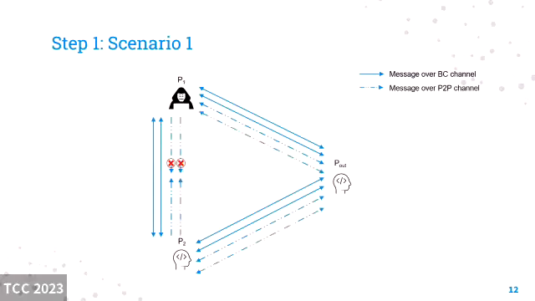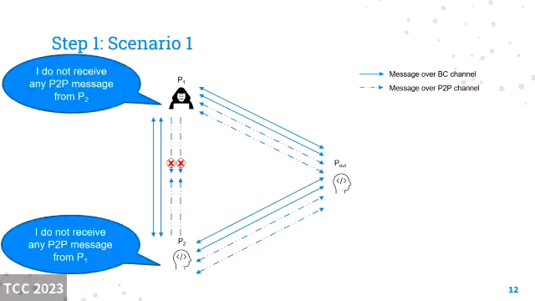Then in the fourth round, party 1 still behaves honestly to party 3, but drops the message to party 2. In the end, party 1 and party 2 will blame each other, saying, well, I did not receive any P2P message from the other party. This is attacking scenario 1.